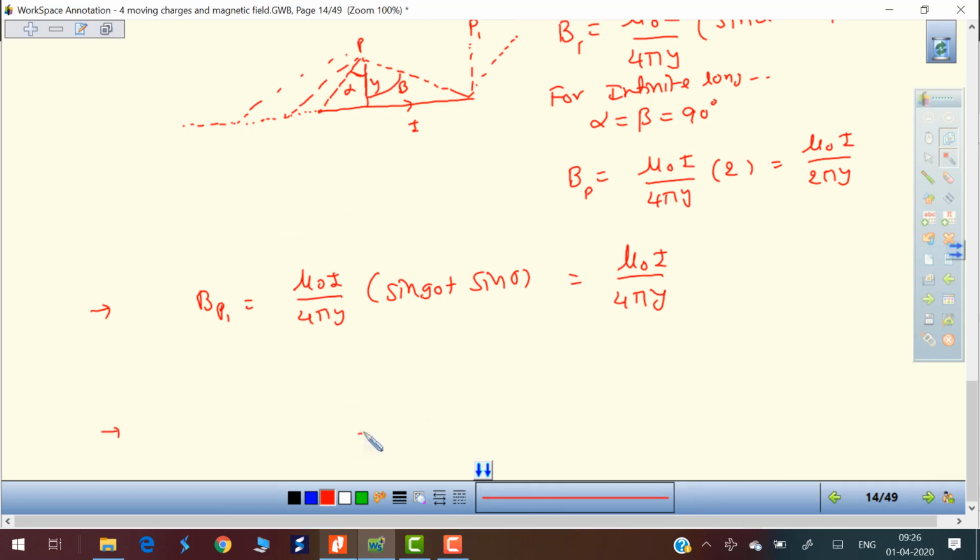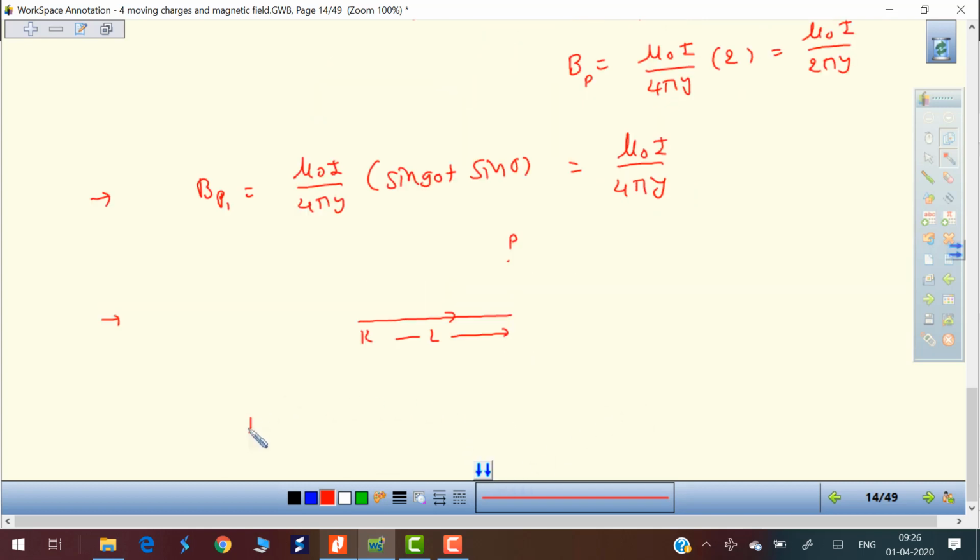Sometimes dimensions are given. Suppose this is the current carrying conductor and this is the point P, and this is length L. Then how can you find the magnetic field? So our formula B is equal to mu 0 I upon 4 pi y into (sine alpha plus sine beta).